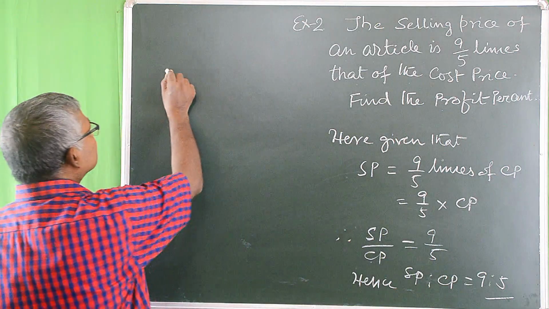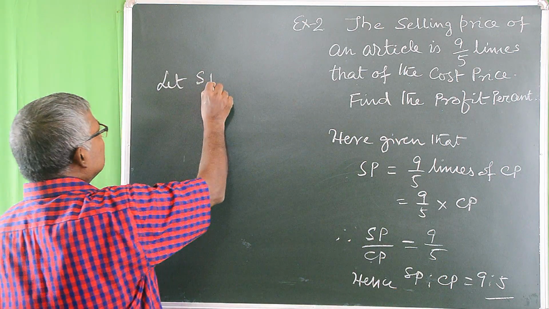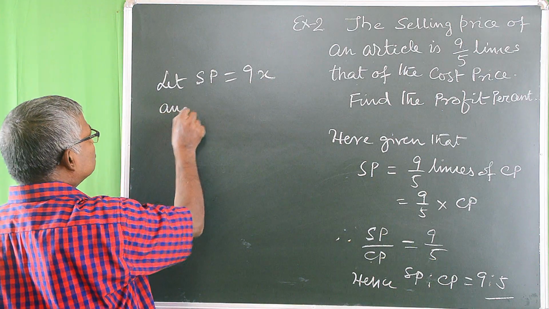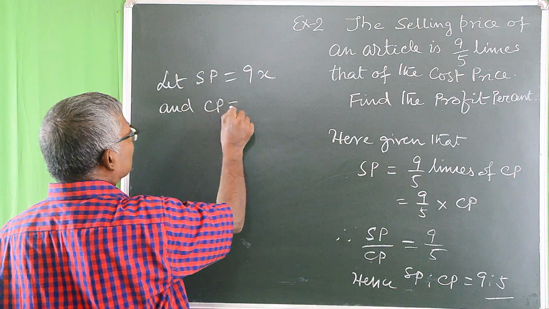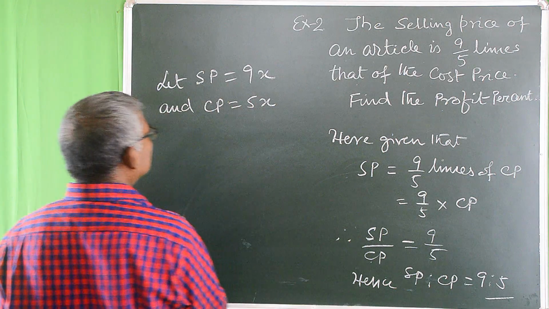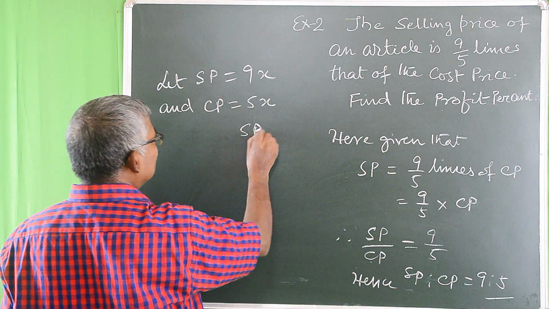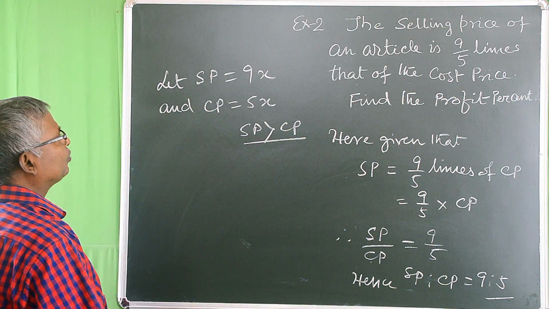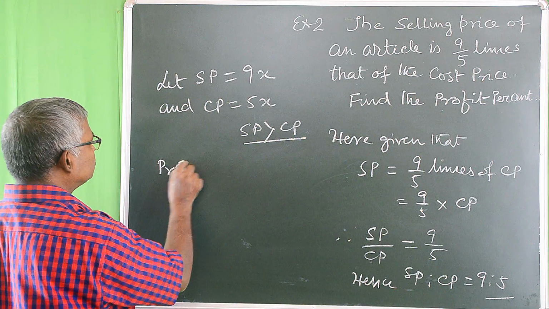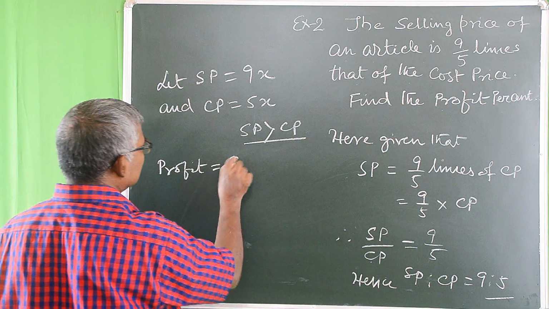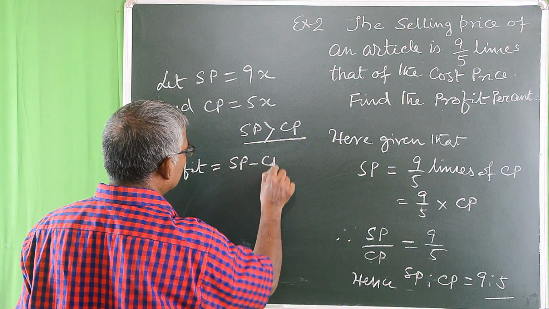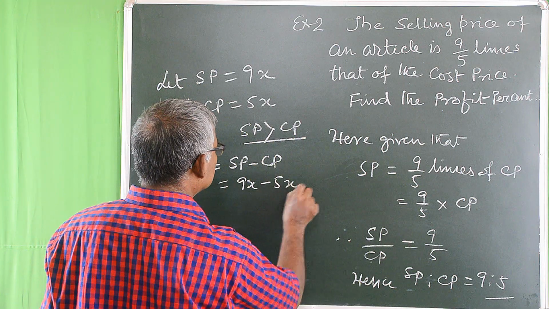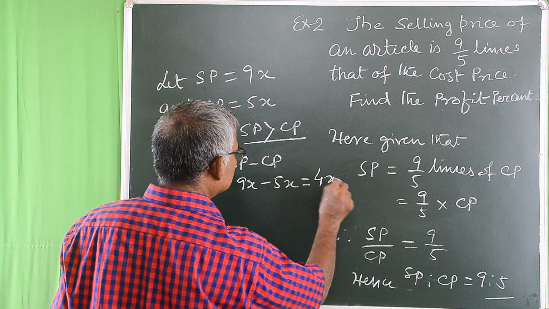Let selling price equal to 9x and the cost price equal to 5x. Clearly SP greater than CP, therefore profit is there. Hence profit equal to SP minus CP equal to 9x minus 5x, that is 4x.